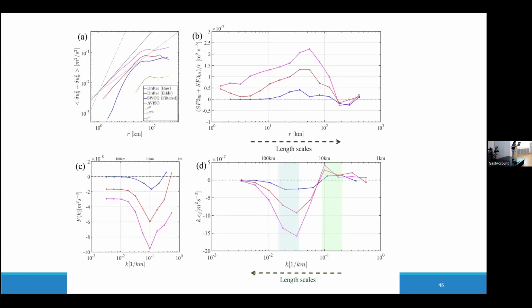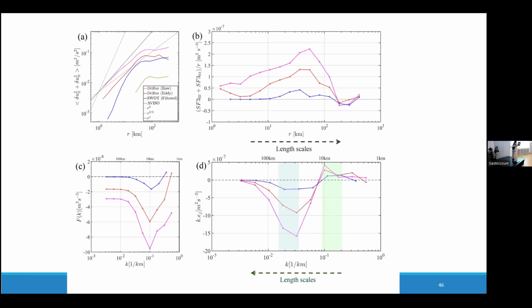And this is the third-order structure function we computed. Maybe we can focus on panel C. That is the inferred cross-scale energy transfer rate that's inferred from the third-order structure functions. The magenta line is from the unfiltered drifter observations, the red line is from the low-pass filtered drifter observations, and the blue line is from the SWOT geostrophic velocities.